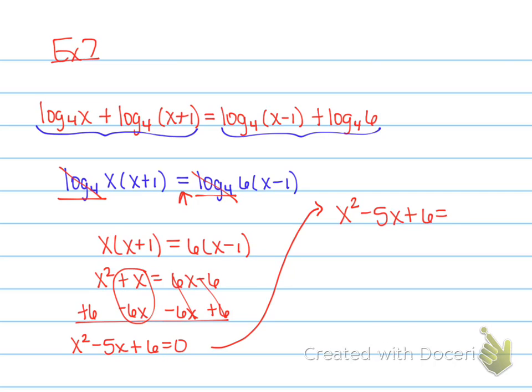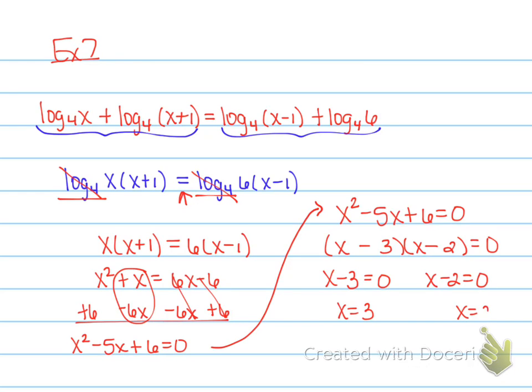I'm just rewriting it. We're going to factor. What multiplies to 6 and adds to 5? 3 and 2, minus and minus. Set them each equal to 0 and solve. So we get x equals 3, and we get x equals 2.